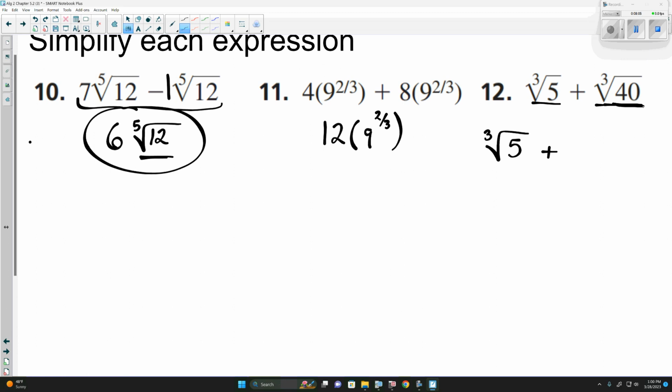Number times itself 3 times. So we can factor 5 because we know we need 5 as one of the factors, yes? And what times 5 is 40? 8. Is 8 a perfect cube? Yes.